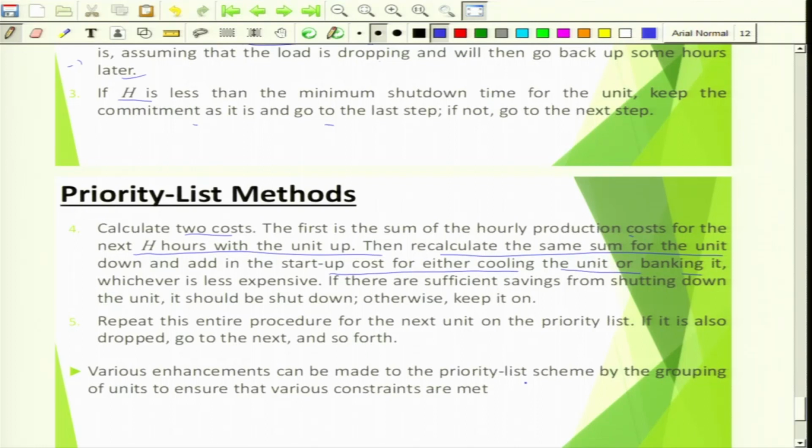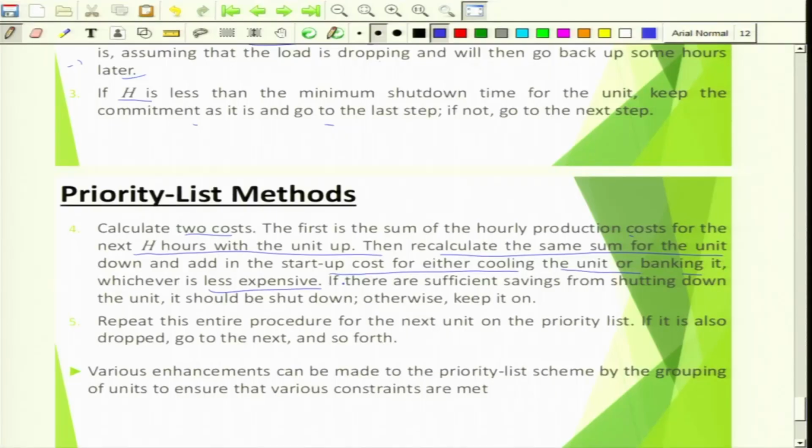Then you check which is the most economical: whether continuing with the generator switched on and feeding the load is most economical. If not, then whether bringing the system back to the off state is, and in the off state, which is most economical further, whether cooling or banking, totally turning it off or keeping it in a neutral state.